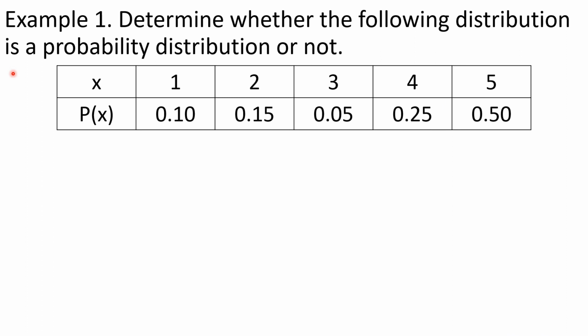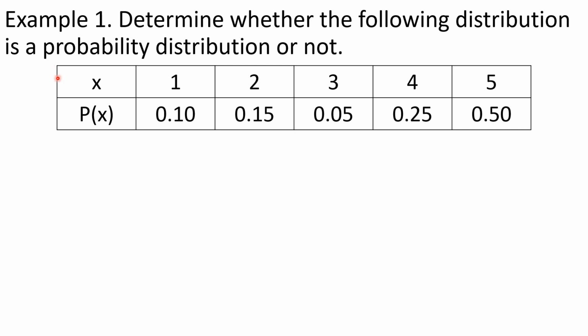Example 1. Determine whether the following distribution is a probability distribution or not. This is the given table where the first row pertains to x, or the values of the discrete random variable. And their corresponding probabilities are in the second row, or p of x. We know that a probability distribution satisfies two conditions.